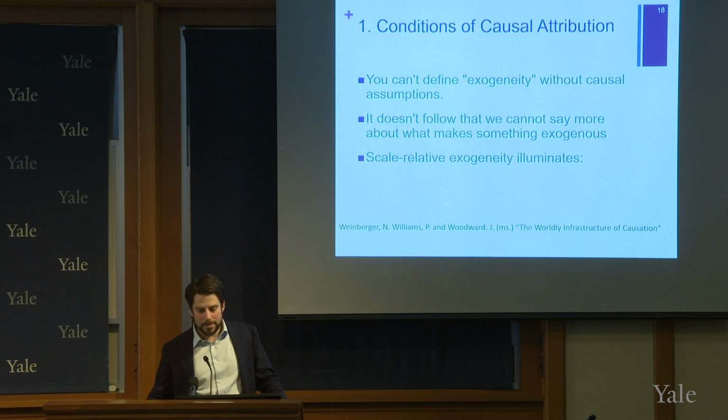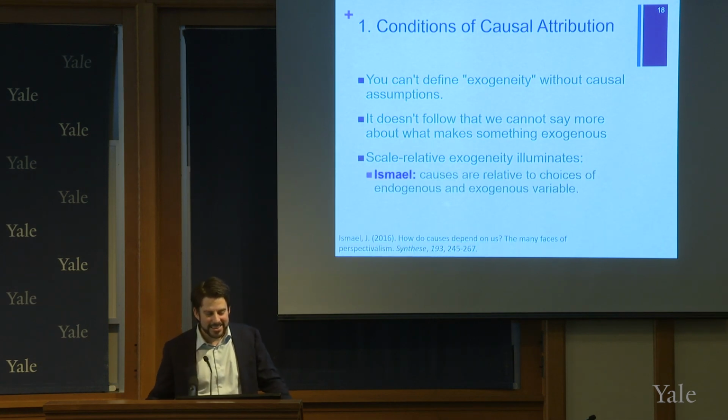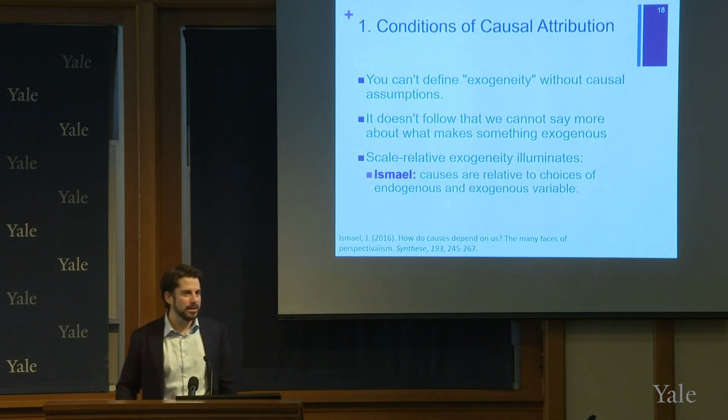Additionally, I think this does have some payoff for some philosophical debates, including engaging with people like Janan. So the previous talk sets this up nicely. One thing Janan writes about in How Causes Depend on Us, building on the Pearlian picture she referred to, is the idea that causal relationships are relative to the choice of exogenous and endogenous variables.